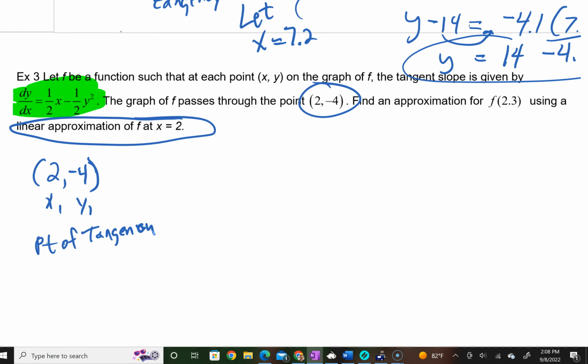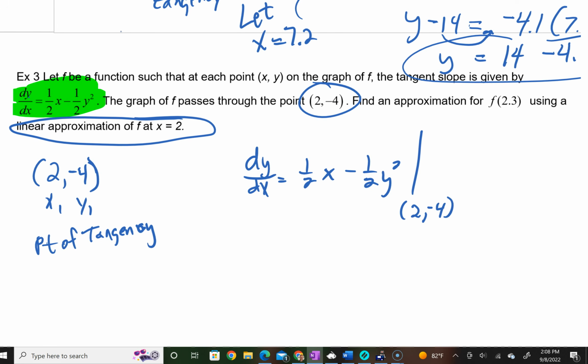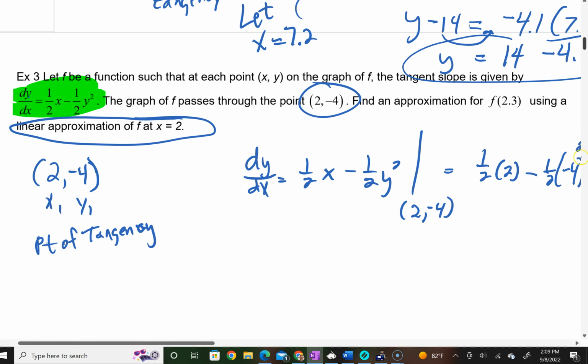So we also need the slope, and that comes from the derivative. dy dx is equal to 1/2 x minus 1/2 y squared. But we're going to plug in 2, negative 4 right here. And that's going to be 1/2 times 2 minus 1/2 of negative 4 squared.